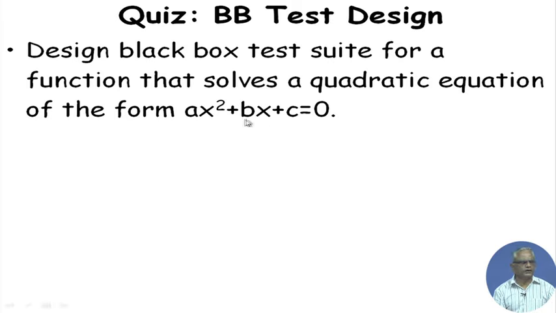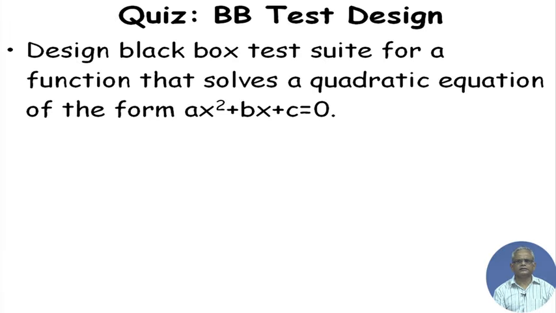And what about the valid and invalid? We said that first we have to consider the valid and invalid classes. So, what about the invalid input? The invalid input may be that a, b, c are all 0.